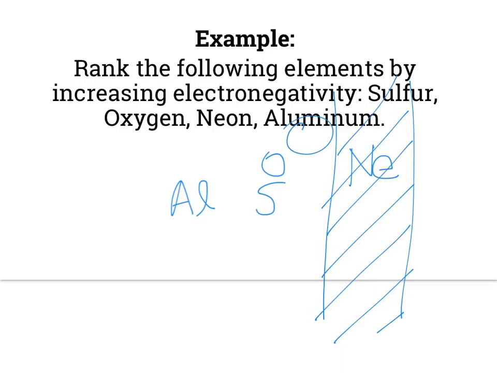So ranking these as increasing is going to be aluminum, sulfur, oxygen. Again, noble gases, some of them have data, some of them don't. Neon, for example, we don't have data, so we can't really make a choice. While yes, it has a small size, it's just kind of weird. So we tend to ignore noble gases when electronegativity comes in.